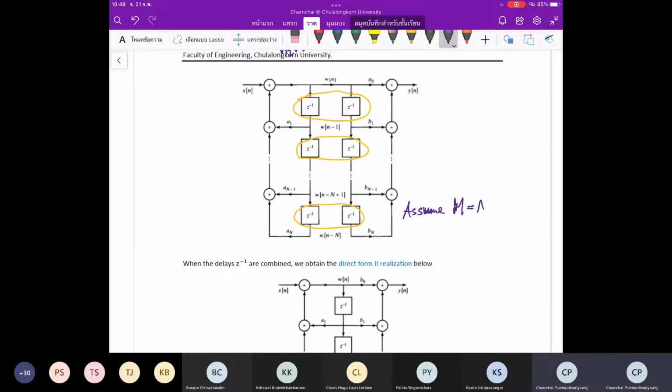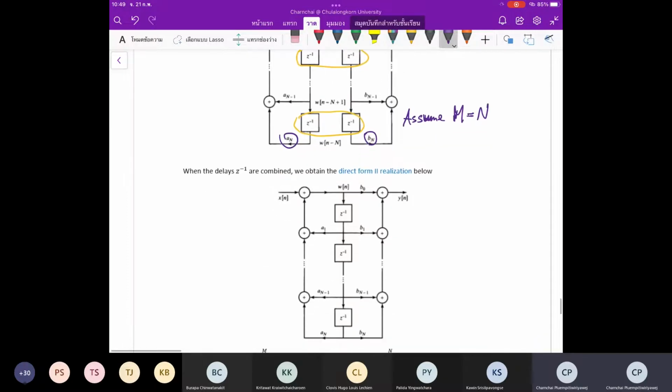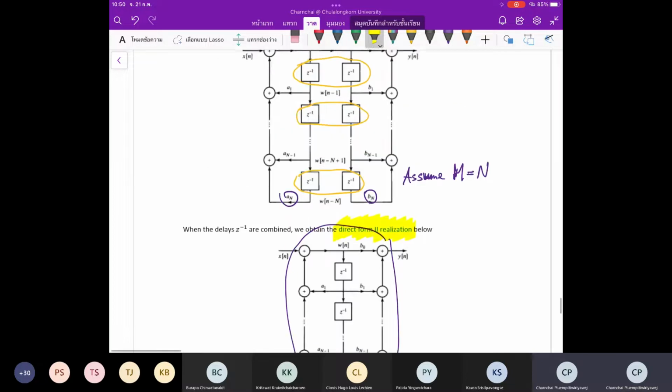Actually, you don't need m to be equal to n, but if m is equal to n, then you can combine the two together. And it becomes this system, called the direct form 2 realization.